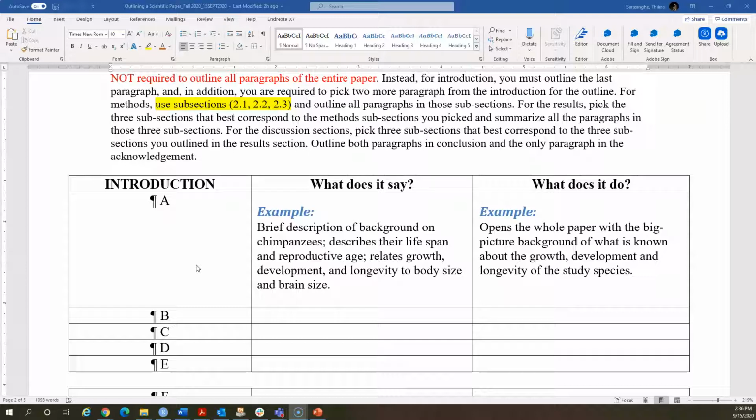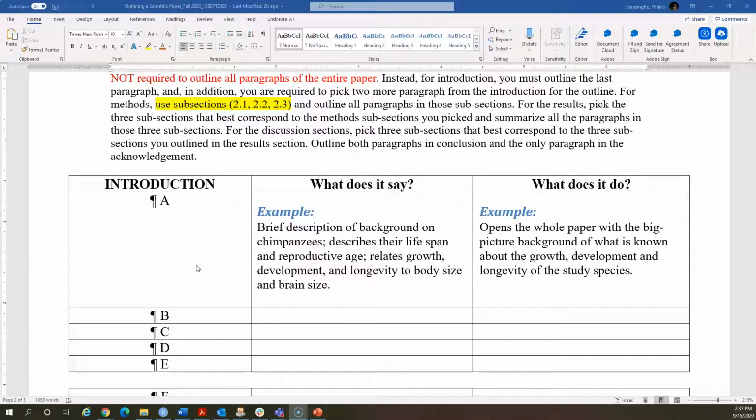Where do you find the best connection between the results sections and 2.2? What sections correspond best with 2.3 versus results? So pick any three subsections from results, not paragraphs, subsections from the results that relate to 2.2 and 2.3 and outline them.